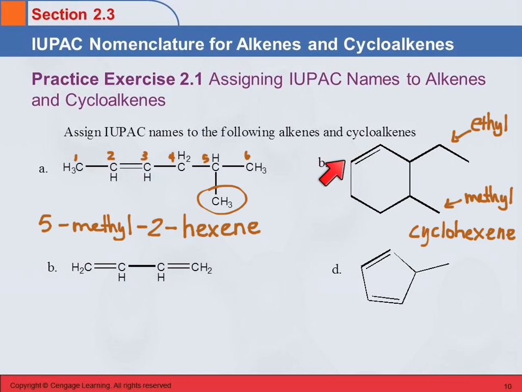If we start at the other end of the double bond and call this 1, 2, 3, 4, 5, 6, then our substituents are going to get lower numbers. So that's the direction that we want to number it in. The double bond is always going to be number 1.